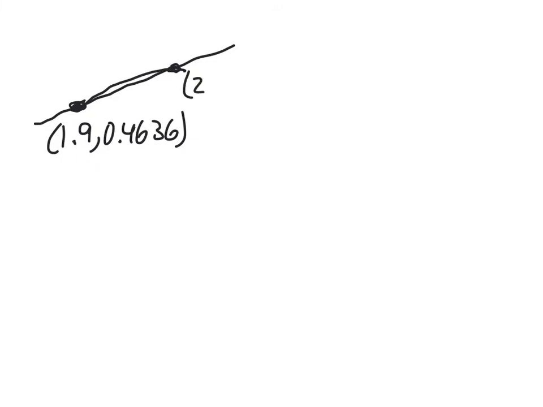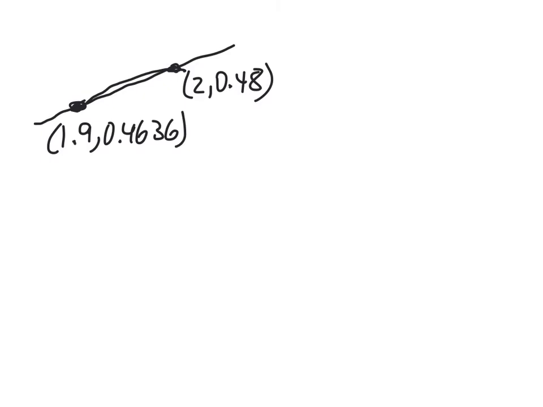But that curve might look about like that, and then the line that we're calculating would be like that. So 1.9, 0.4636, and 2, 0.48.